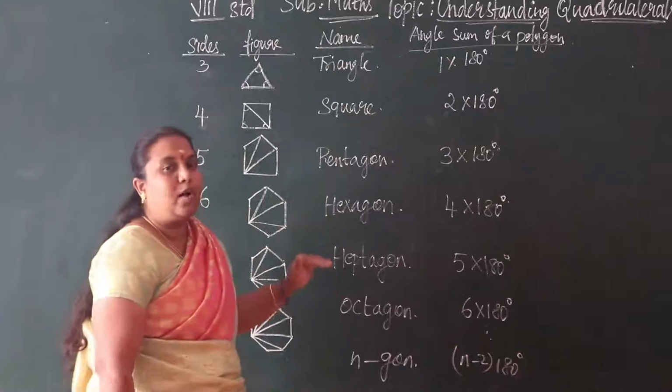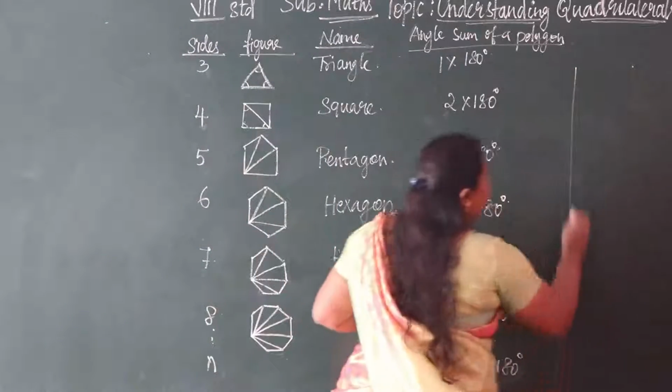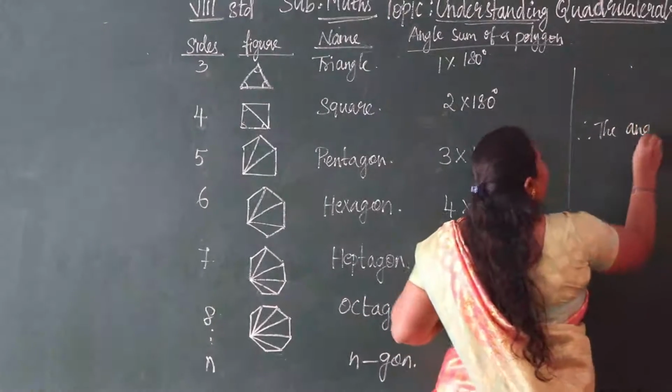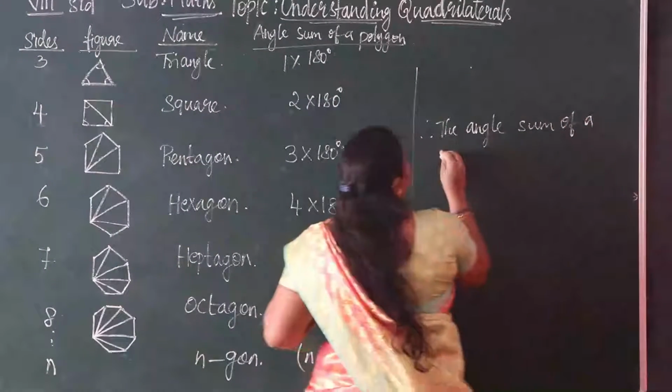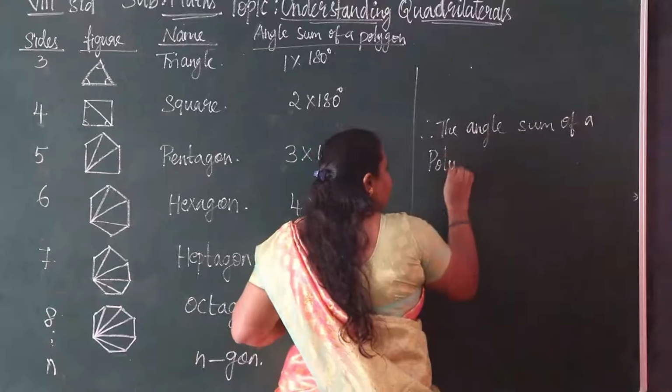So from this, what can we conclude? Therefore, the angle sum of a polygon, not only a quadrilateral.